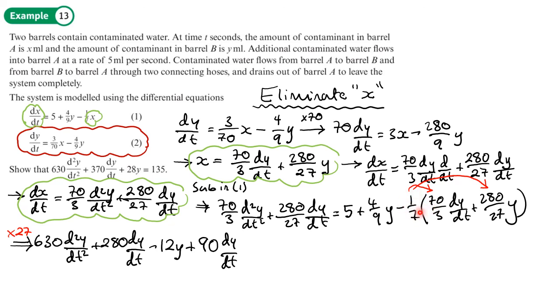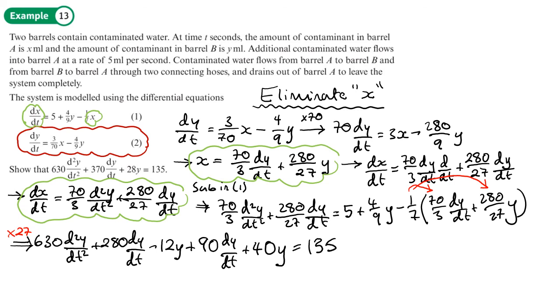So I'll have a 7th times 280/27, which I'm timesing by 27. So I basically just times it by 280. So it gives me negative 40y, which I'll take to the other side, which will give me plus 40y. I think that's all the terms dealt with, equals the 5 times 27, which is 135.